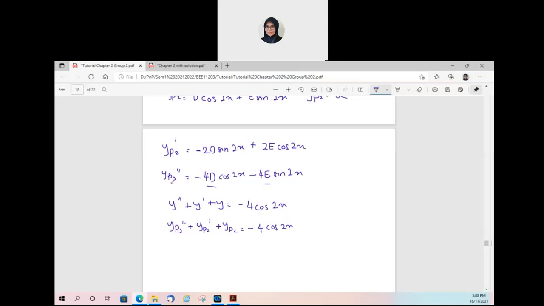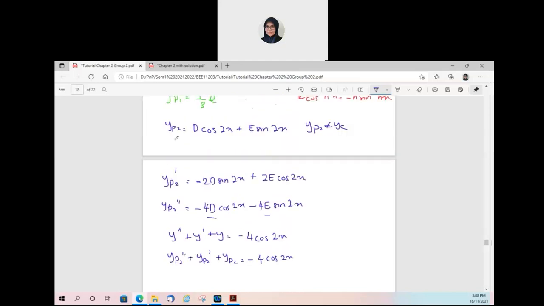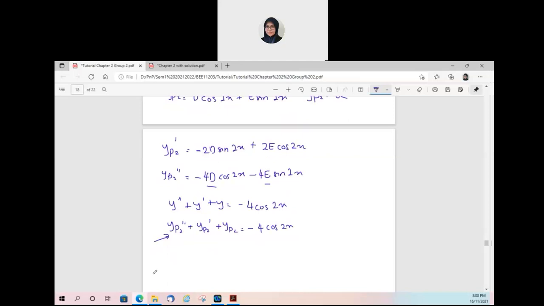So we masukkan YP2 double prime, YP2 prime, YP2 inside this equation. Then it will be minus 4D cos 2x minus 4E sin 2x plus with YP2 prime.